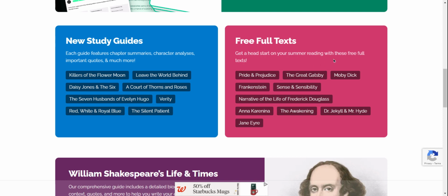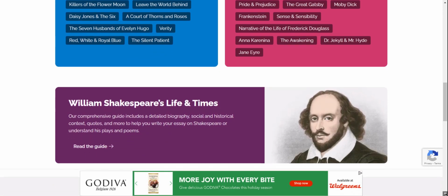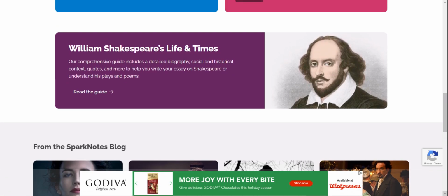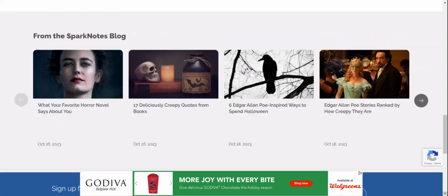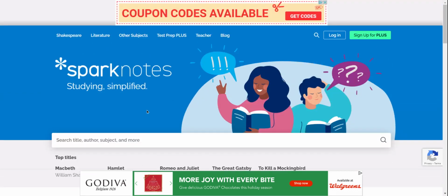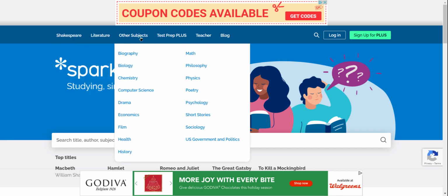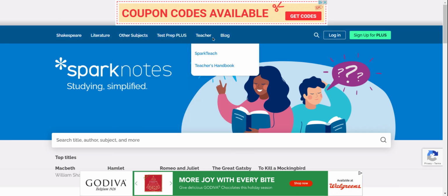So to be able to read some famous works of writing, that's really awesome. And then you can read about Shakespeare. There are lots of different avenues that you can take just based off of the first page. Up here, Shakespeare, obviously he is pretty important in the reading world. There are also different subjects, math, biology, sociology, just many different things.